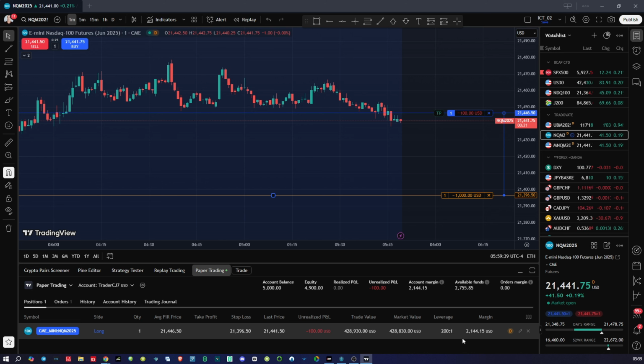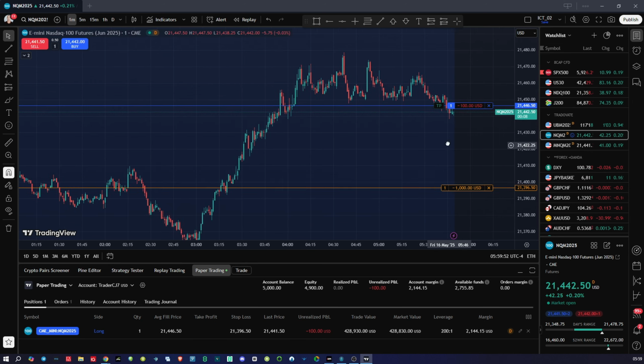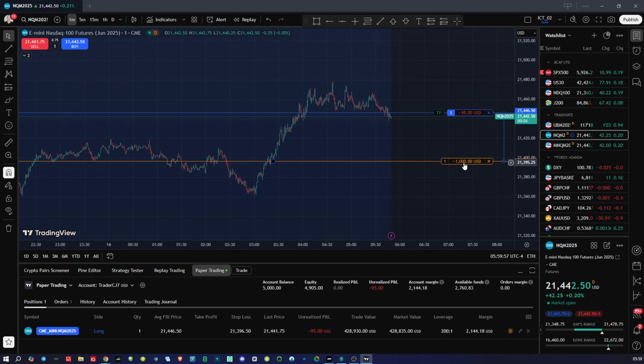The money I need to put down is $2,144 to have one contract long. But you can see, that's the point where I would lose $1,000.